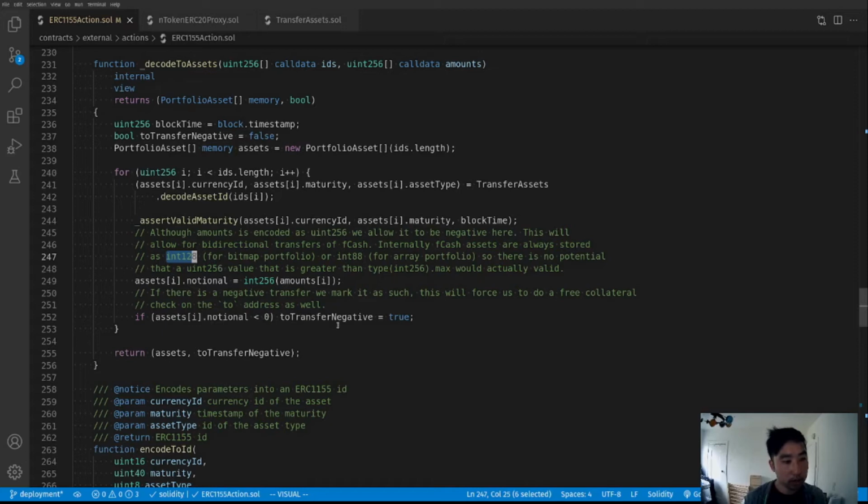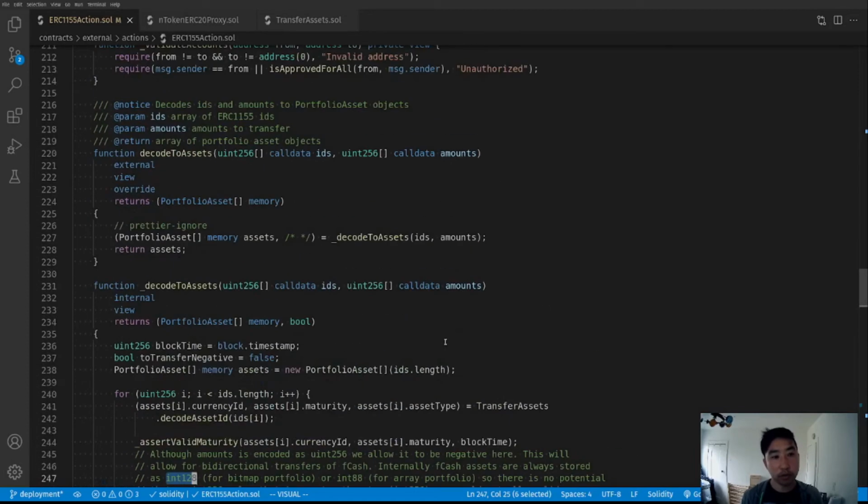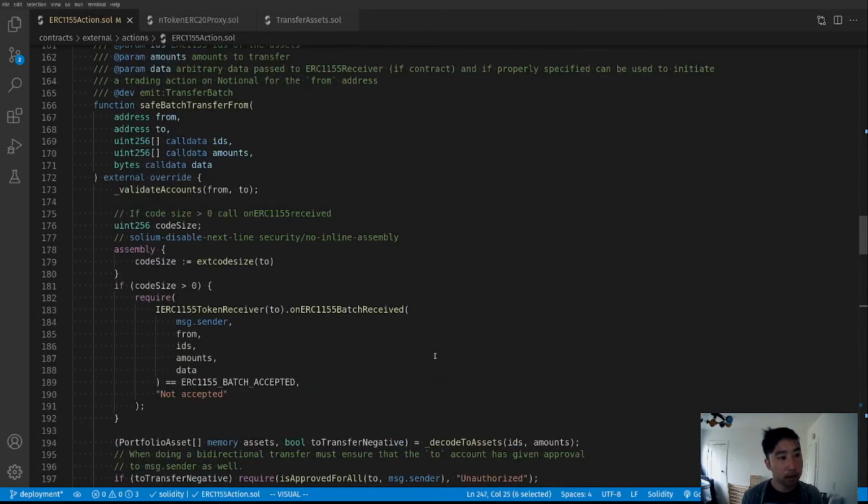And what this allows you to do is swap Fcash assets. So for example, if a user has a 9-month Fcash asset that is, as we discussed, not liquid in any Fcash market, and they want to exchange that for a 1-year Fcash asset that maybe is liquid on chain, what they can do is trade with the market maker.